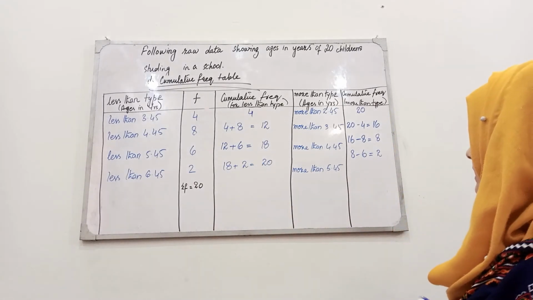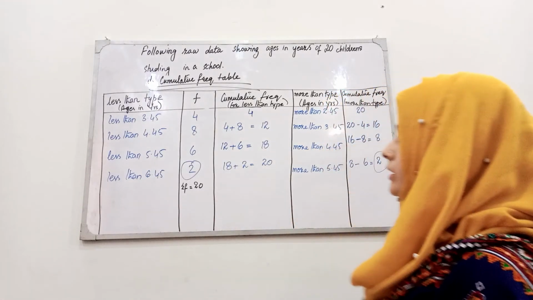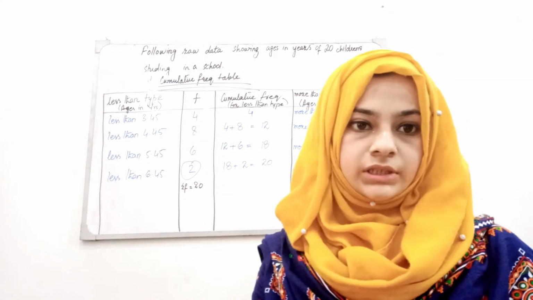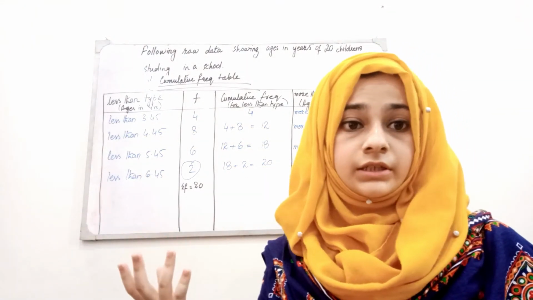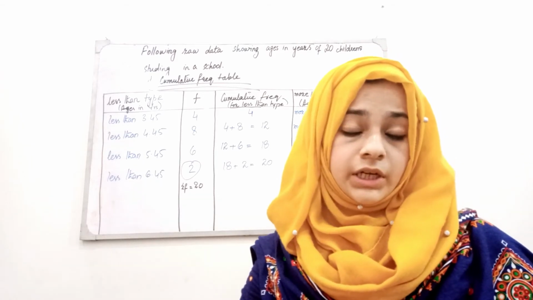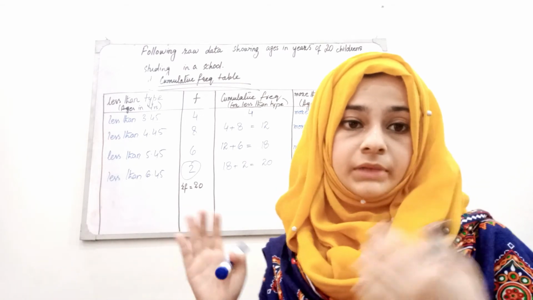Now you can see, now both the frequencies are equal. So this is a question of continuous data, that we have created the frequency distribution table for the continuous data. I hope you have learned something from that topic.